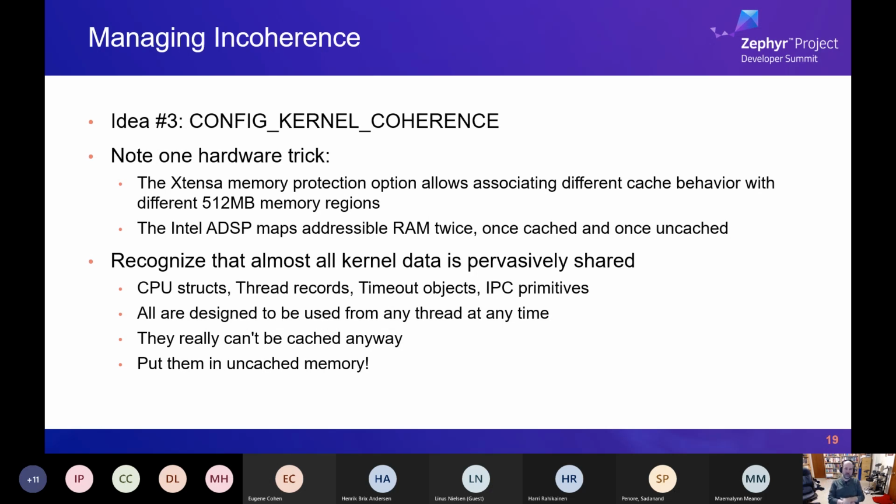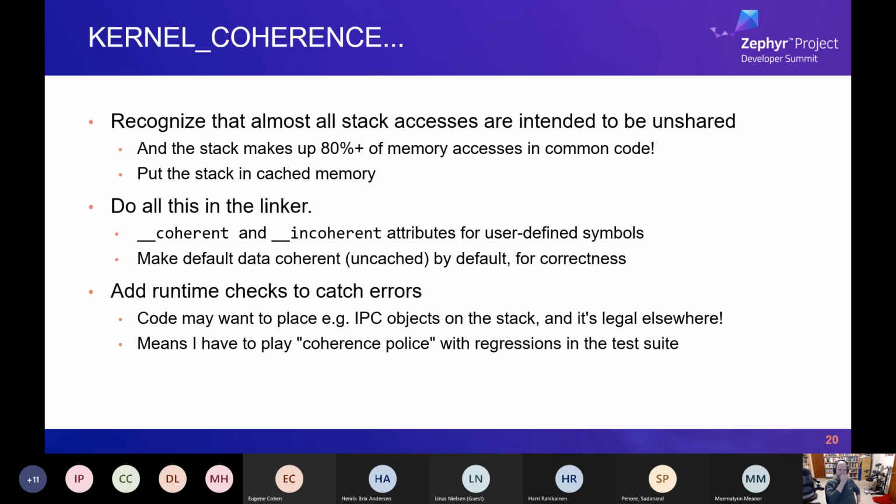Timeout objects need to be looked at from a timer interrupt that may happen on any CPU. IPC primitives, again, maybe you can do a semaphore give or take from any CPU. They're all designed to be used by anybody, and so there's no point in caching them. Just don't bother. Just put them in uncached memory. And that works because we've got the ability to change where that is.